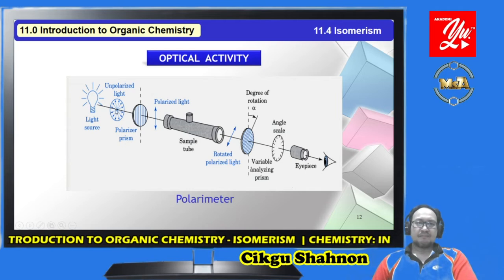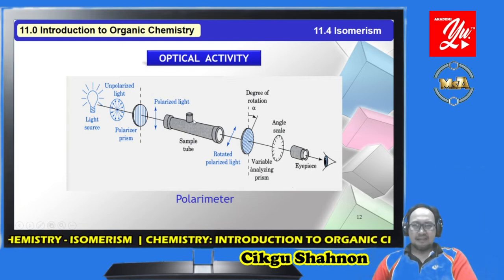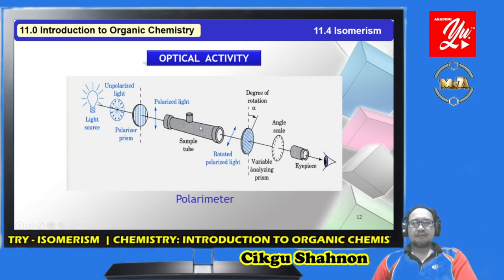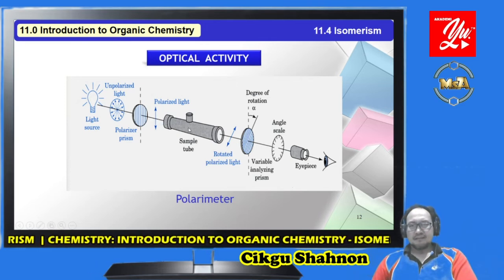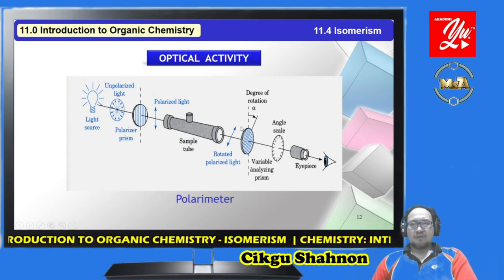Before the polarizer prism, we have many directions of vibration of light. Now only one vibration, like this. And then here we have our sample. When this light passes through this sample, we can see that the sample will rotate the polarized light. In this example, it will rotate clockwise, with some degree of rotation.